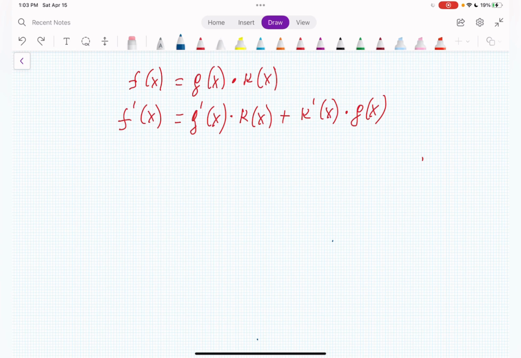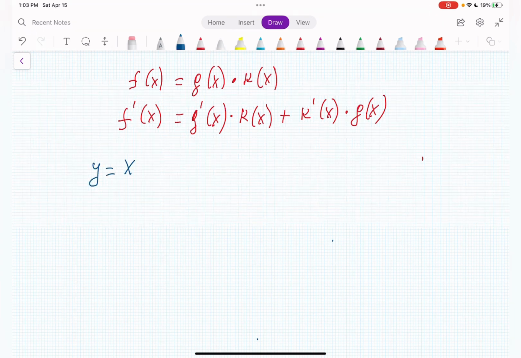So y is equal to x to power 7 times x to power 3. Remember, based on the rule, this is my g of x, this is my k of x.